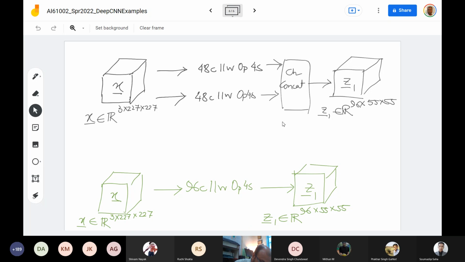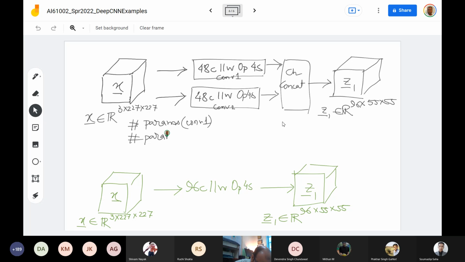If I call this conv1 and this conv2, tell me what is the number of parameters in conv1, and what is the number of parameters in conv2?